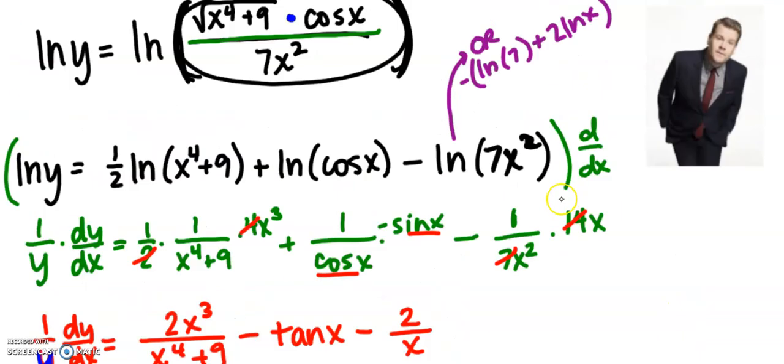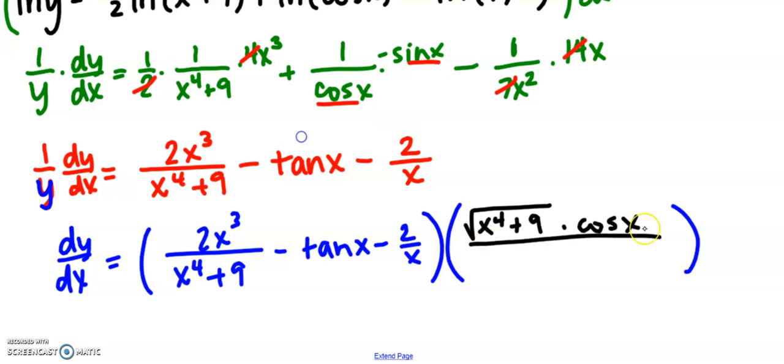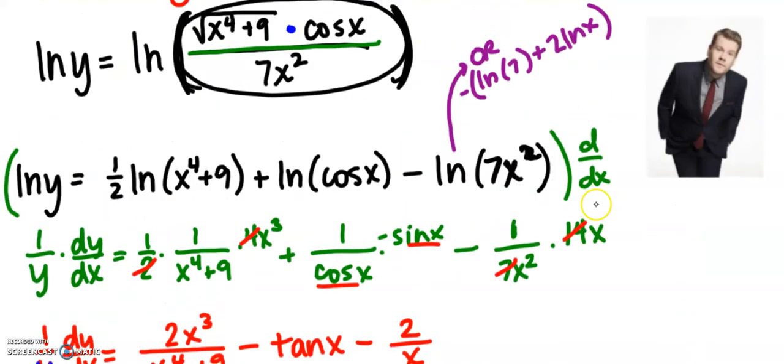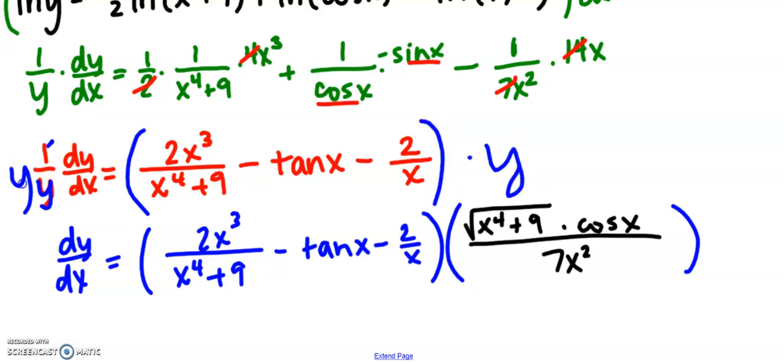Well, what was y equal to? y was equal to that mess up there, which was the square root of x to the 4th plus 9 times cosine of x all over, forgot my denominator, 7x squared. Okay, so then in this step I just multiply both sides by y, and then I just replaced with what y was equal to.